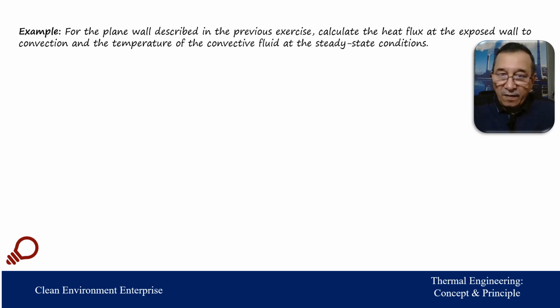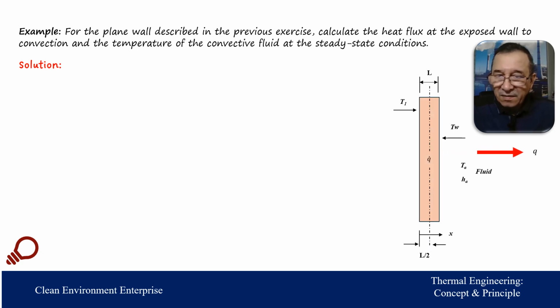Another example for a plane wall, which is disconnected from the previous one, and here we need to calculate the heat flux at the exposed wall to convection and the temperature of the convective fluid at steady state conditions.